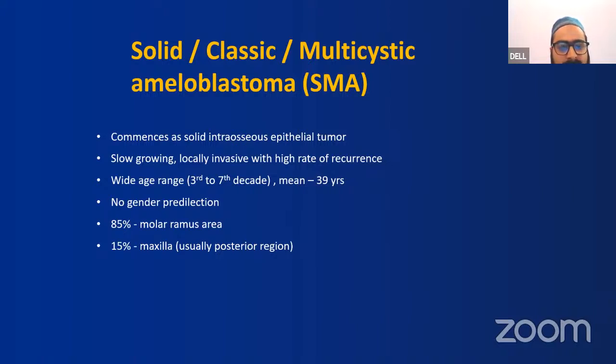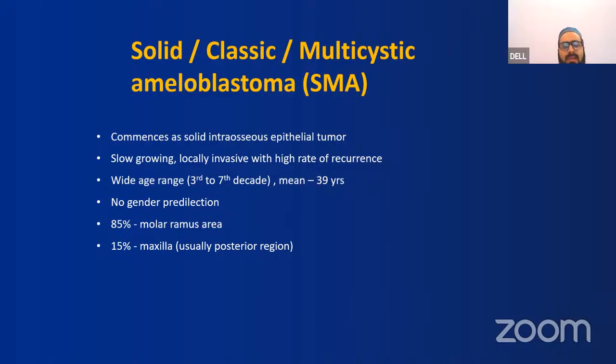As already told, this is a slow growing lesion but has a local invasive potential, which is sometimes more than some of the malignant lesions of the head and neck, with a high rate of recurrence if not treated properly.